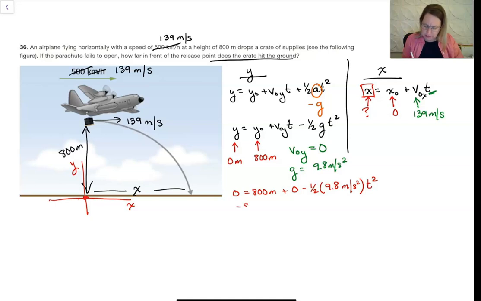We can say, subtract 800 from both sides, equals minus 4.9 t squared. The negative signs cancel, and if I divide both sides by 4.9, I get t squared is equal to 800 meters, divided by 4.9 meters per second squared.